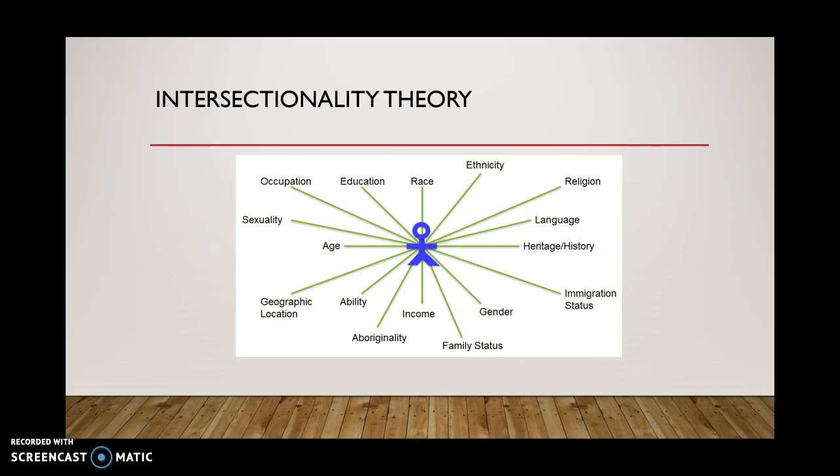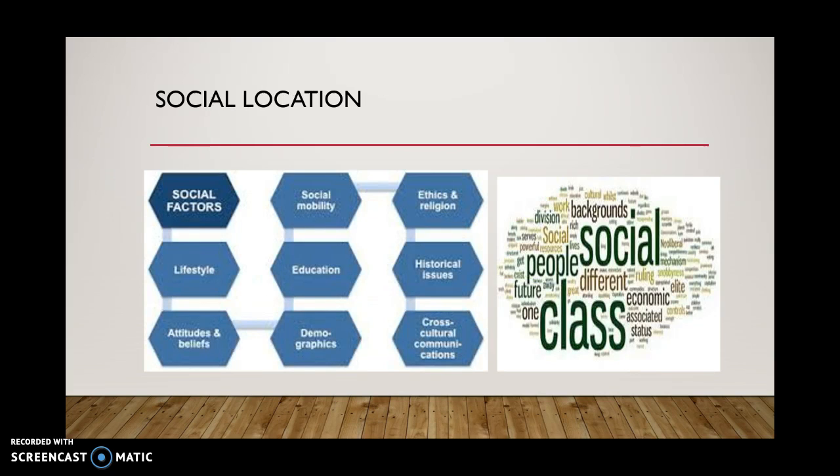Sometimes they're independent, but the point of intersectionality theory is that all these factors are interdependent systems that work together, so they kind of intermingle like ingredients in a recipe. They're different on their own, kind of like the whole is greater than the sum of the parts. It's that kind of a theory.